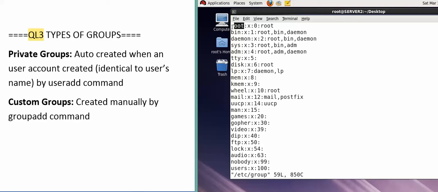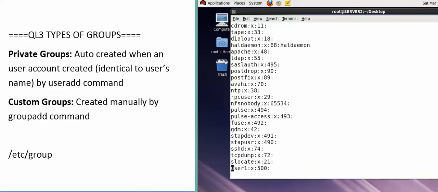Whatever user accounts we create, the same group name will be created in the /etc/group file. So this is the /etc/group file, and go to the end of the file, where the account we created, right? See here, the same name is shown here.